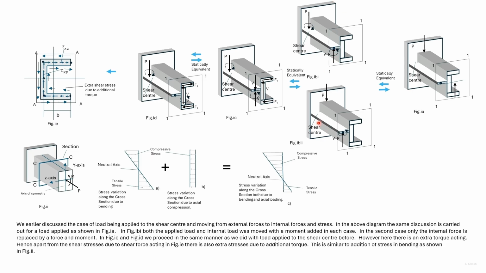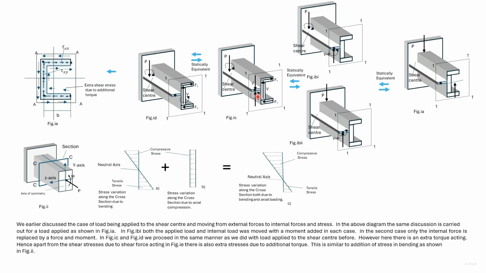In this diagram, the external force has not been moved. In figure 1C, we have added two equal and opposite moments to figure 1B. So they are statically equivalent. The two equal and opposite moments are F1 into H and V into E. So there are these forces and a torque acting at the section.